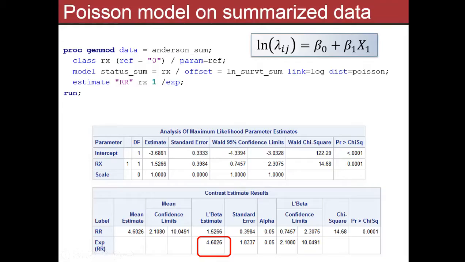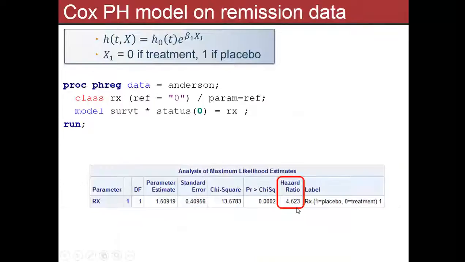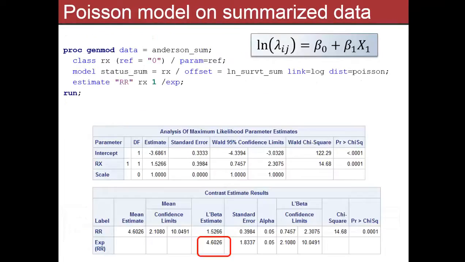Also notice this is really similar to the 4.5 from the Cox model. So actually, the constant hazards assumption perhaps applies here, and we'll explore that in a few more slides.